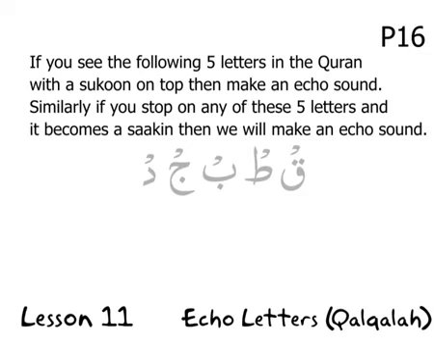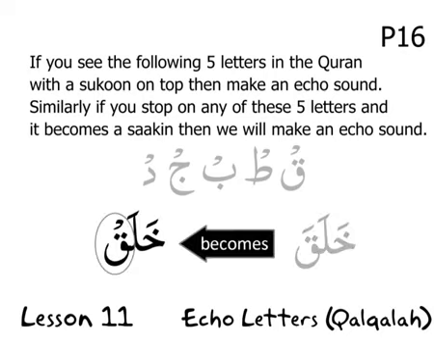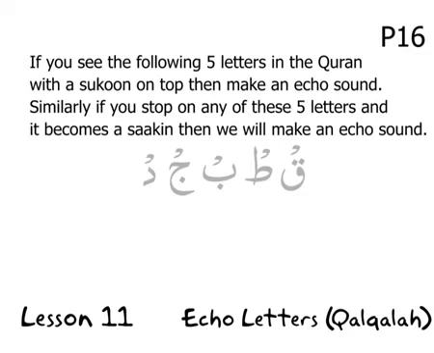Or if you see a word at the end of a verse and you're going to stop and it's one of these 5 letters and it becomes sakin, then also you make an echo. For example, khalaqa becomes khalaq. Therefore, qaf sakin is one of the 5 and it's an echo. I hope you've understood what I'm trying to get across to you, inshallah. If you don't, please go over the recording again and again until you do understand, and look at more examples.